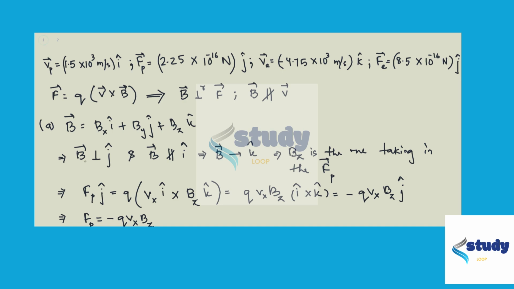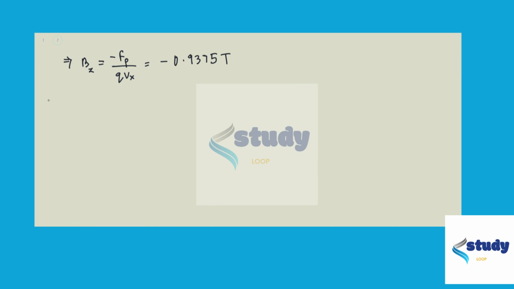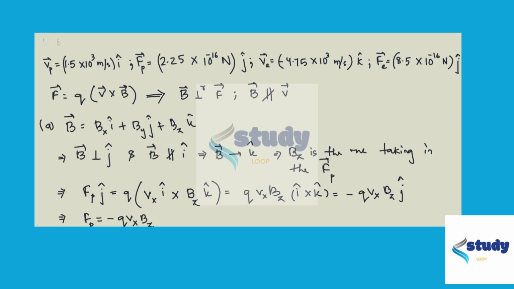So for the electron, the force is along j cap and velocity is along k cap. This means the magnetic field should be perpendicular to j cap and not parallel to the velocity, which is along k cap.